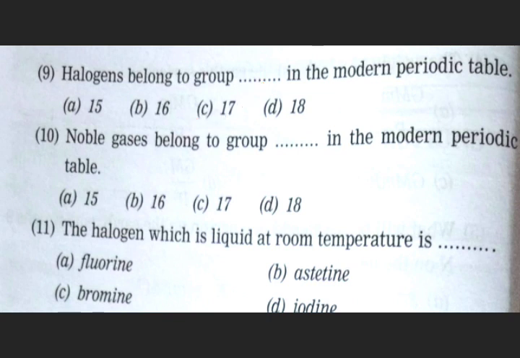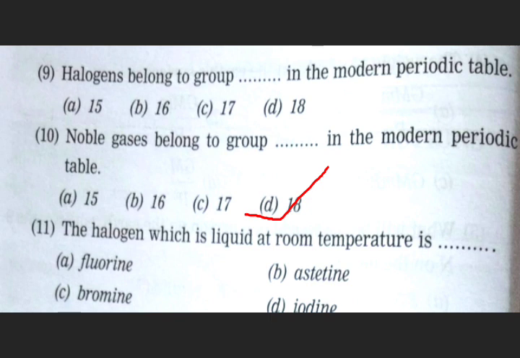Now the 10th question is, noble gases belong to which group in the modern periodic table? Noble gases belong to group 18. Noble gases means, students, those gases which do not chemically react with any other elements, and they belong to group 18.